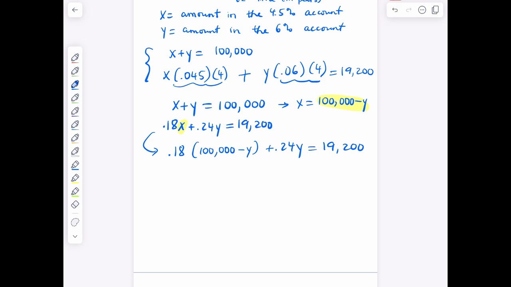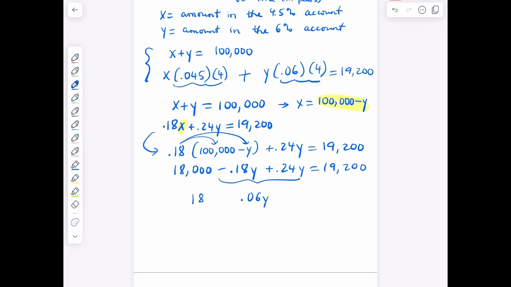So 0.18 times 100,000 is 18,000, minus 0.18y, plus 0.24y, equals 19,200. These two are like terms, so we can combine them as 0.06y, bring down the 18,000. This is a positive 0.06y, so let's put a plus sign there.